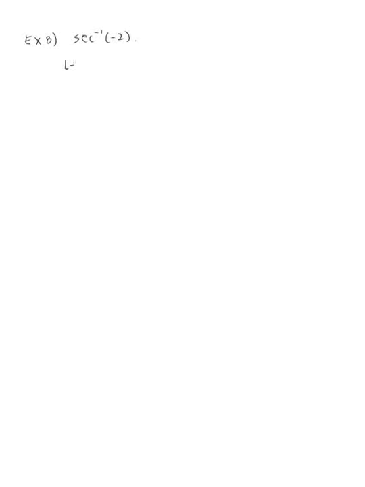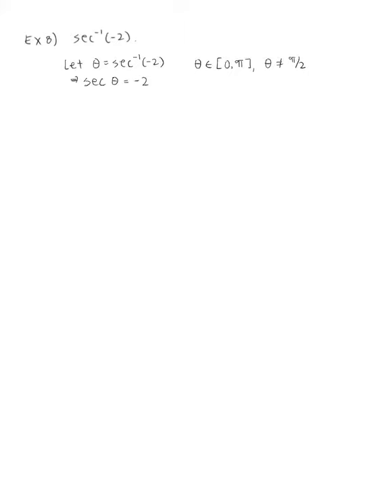So I'm going to start off with let theta be secant inverse of -2, and our theta must be between 0 and pi, but theta cannot be pi/2. Do you see why? This means secant of theta equals -2.